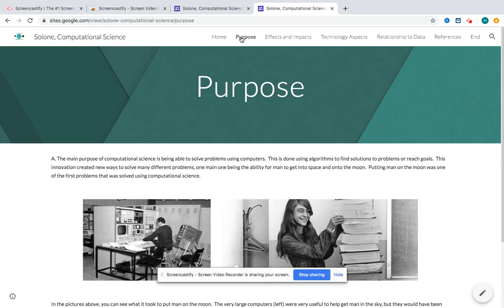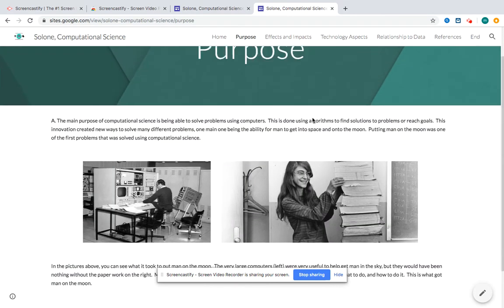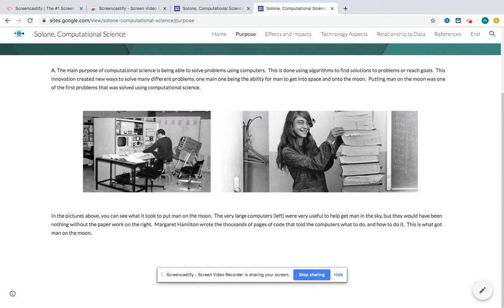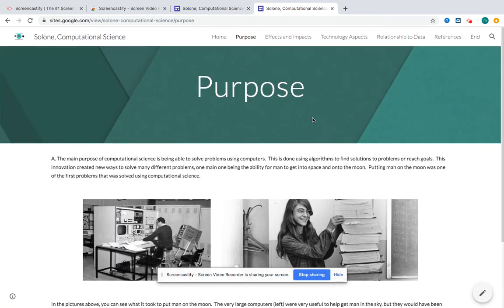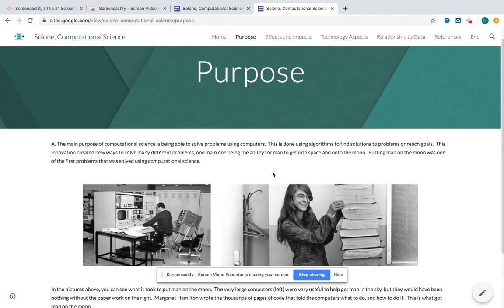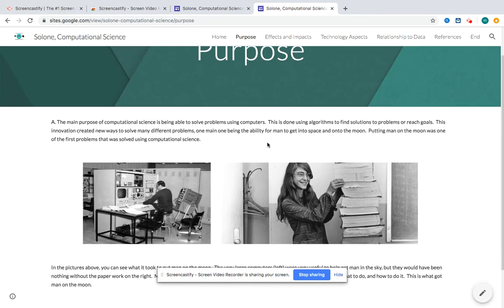This page basically just explains the purpose of scientific computing and some of the things it's done. One big thing I talked about was that one of the main things we've done with computer science and scientific computing is man on the moon and getting astronauts into space.